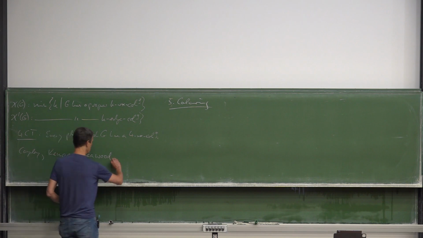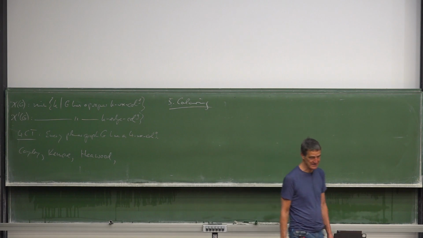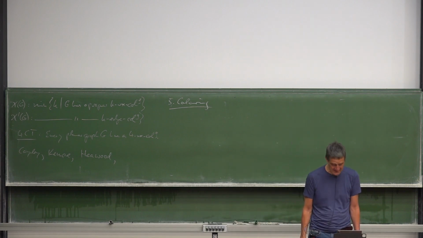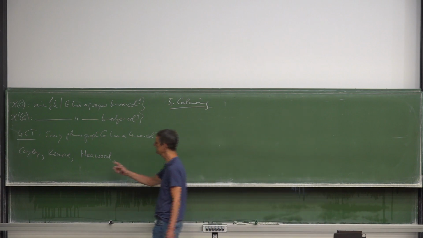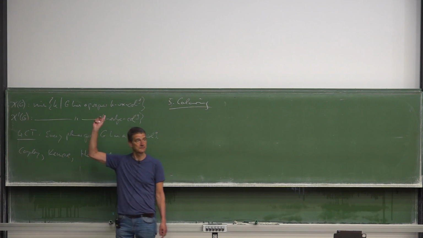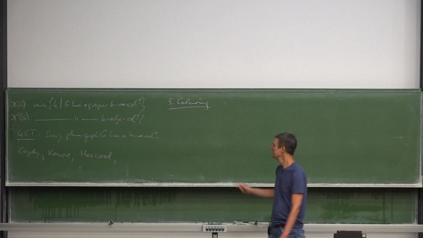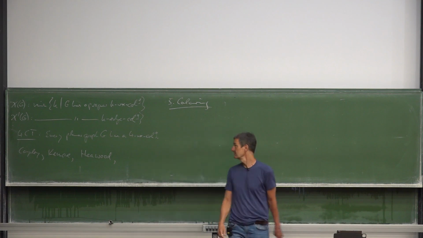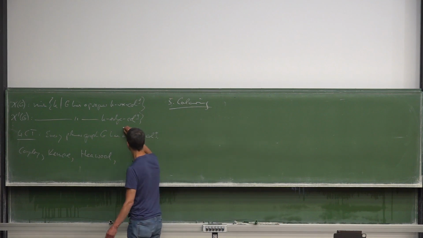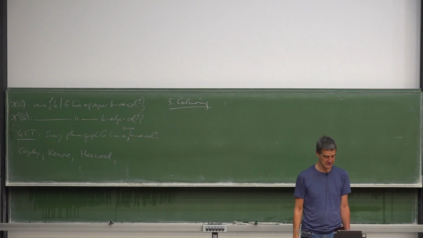So Heawood in 1880 turned the false proof, Kemp's false four-color theorem proof, into a correct five-color theorem proof that every planar graph has a proper 5-vertex coloring. And we shall see that proof in a moment.